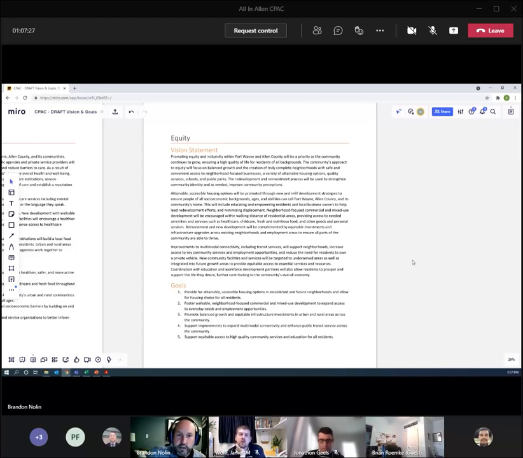So with that said, the equity group really focused on providing for quality local economic development, quality housing, neighborhood amenities, all at that neighborhood scale.